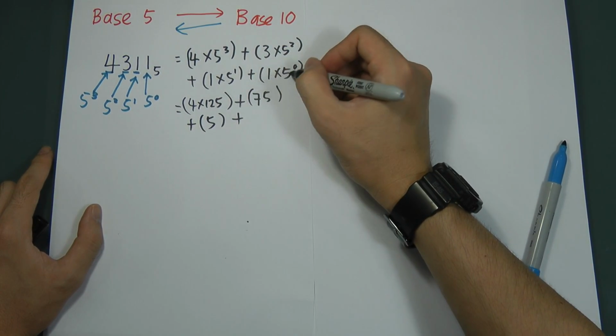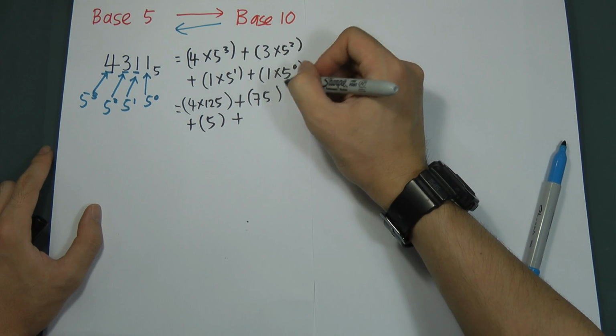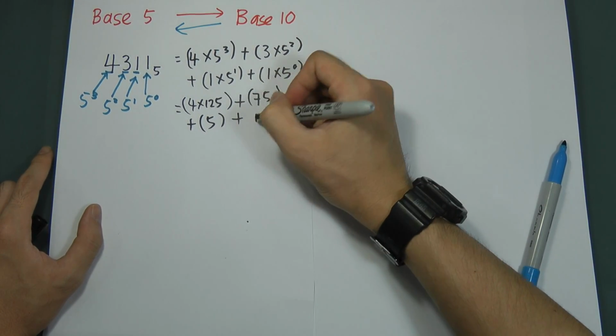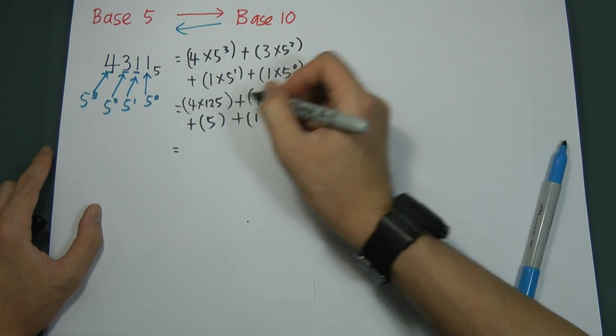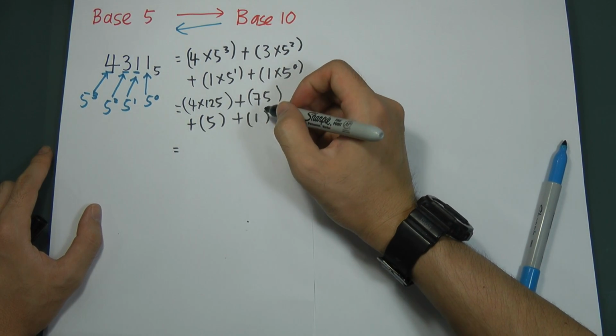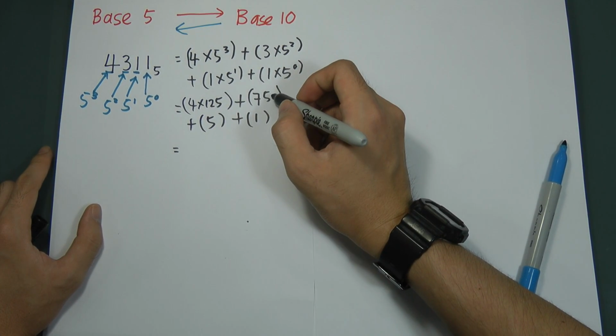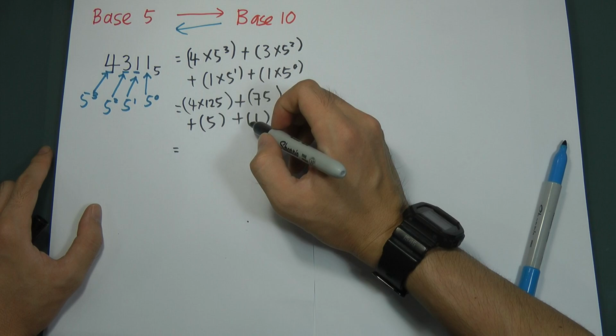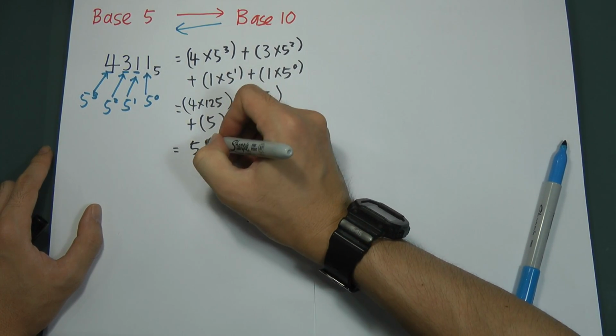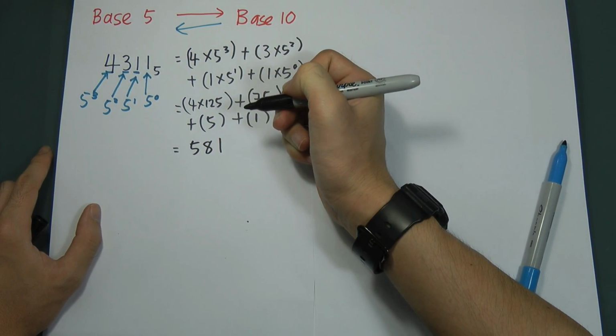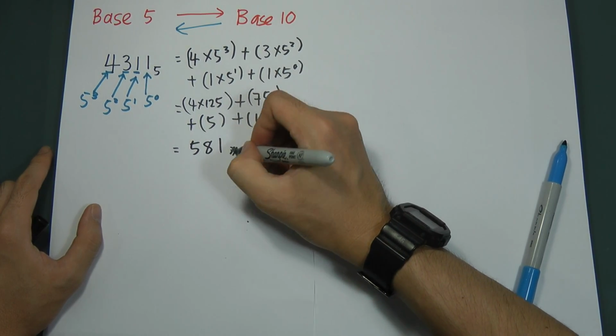Plus 1 multiplied by 5 power of 0; 5 power of 0 is 1, so 1 multiplied by 1 is 1. Then you sum all together to get the number in base 10. 4 multiplied by 125 is 500, so 575, 580, 581.